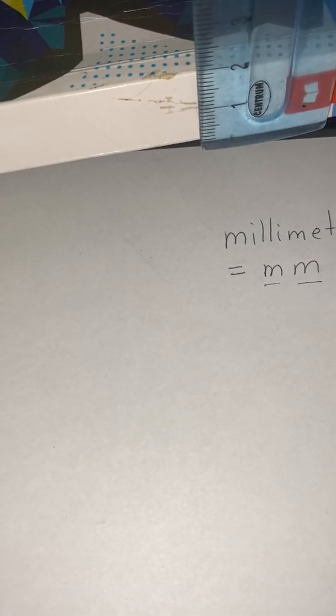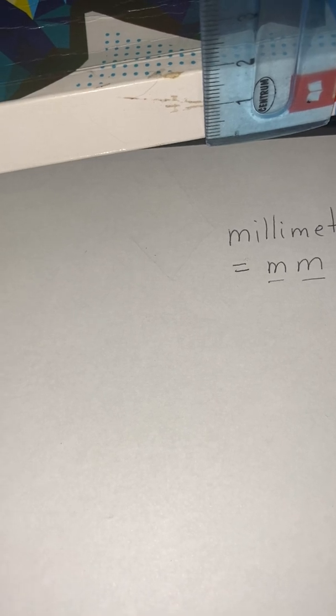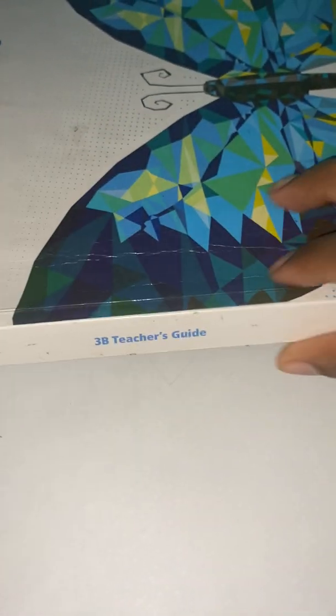It's 2 centimeters, but in millimeters it's going to be a lot more millimeters. So millimeters are used to measure the width. Like, how thick is this book? What is the width of this book? This book is thinner.